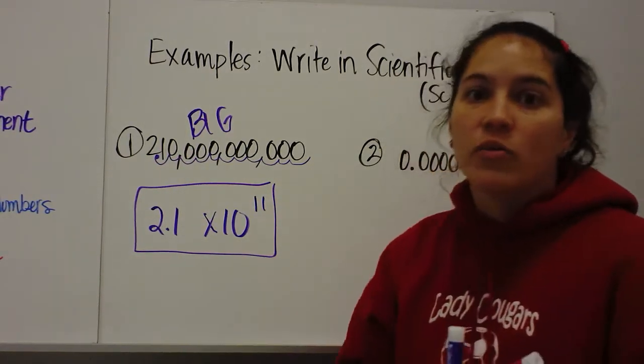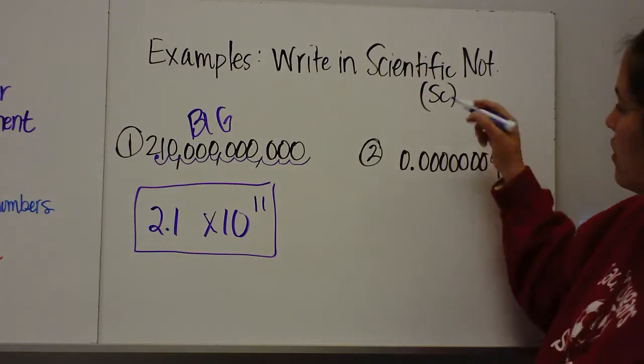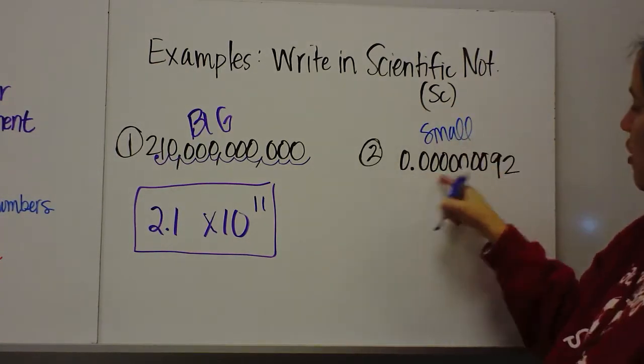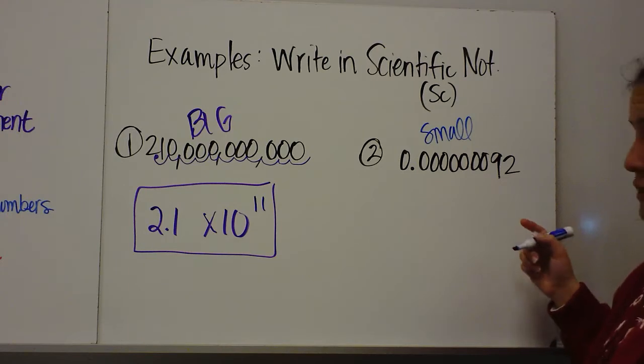So now let me show you a really, really small number. So here is a really, really small number. So I'm going to have a negative exponent.